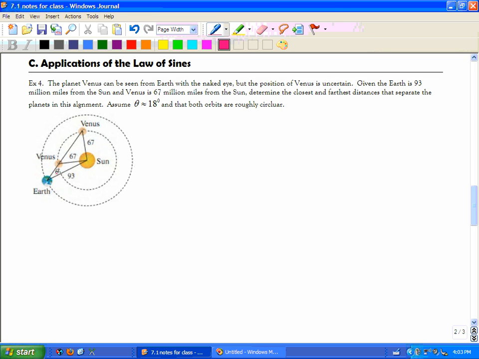We're going to assume that the angle theta down here is 18 degrees, and of course we'll have to assume that both of their orbits are fairly circular.